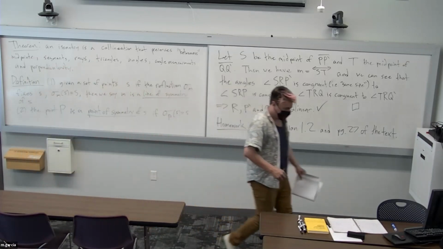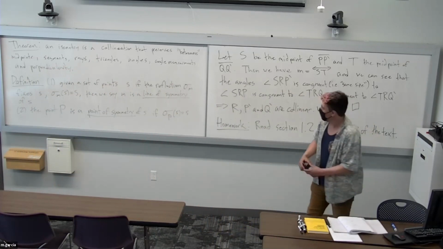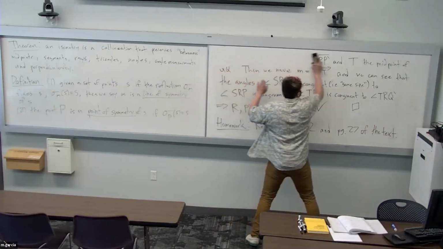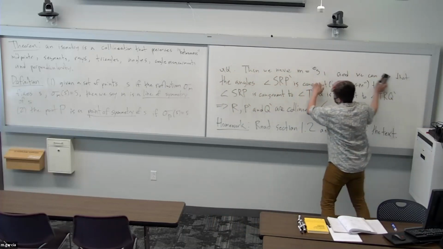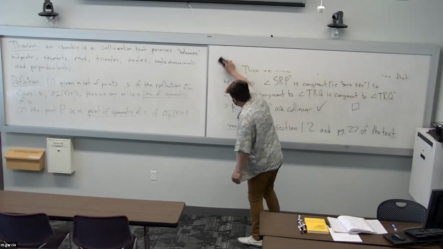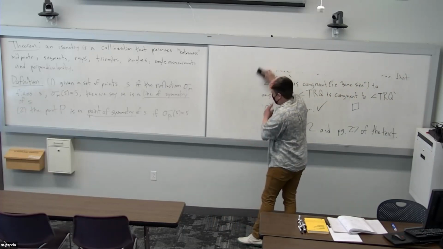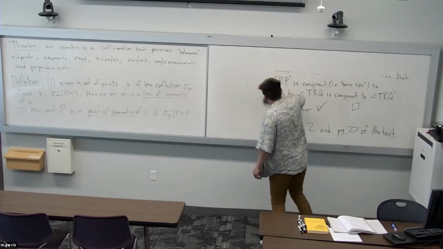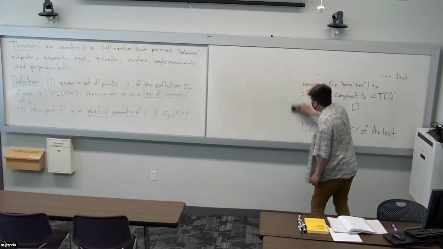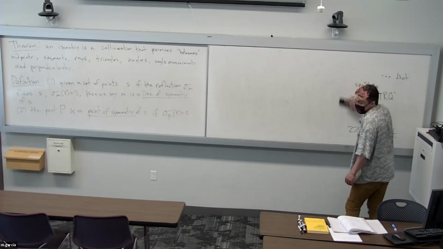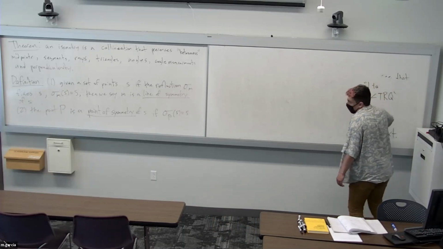So this definition generalizes. So we already showed that a reflection is an isometry, and you might suspect that a half turn is an isometry. We haven't proven that yet. We'll get there.